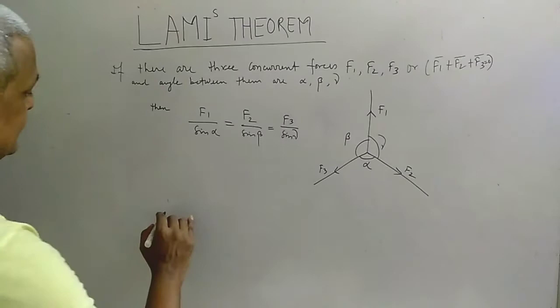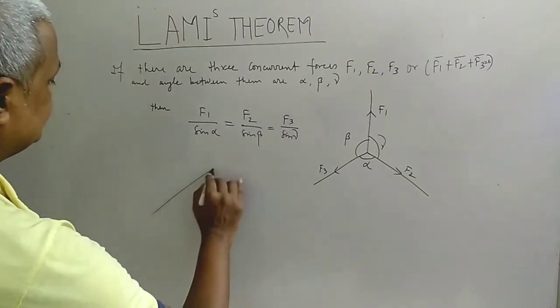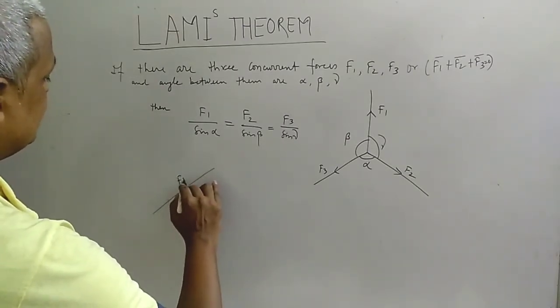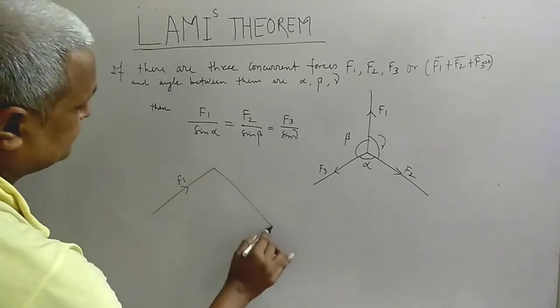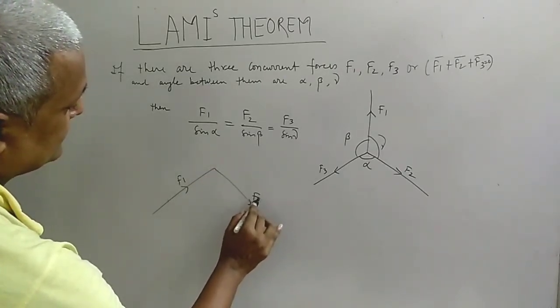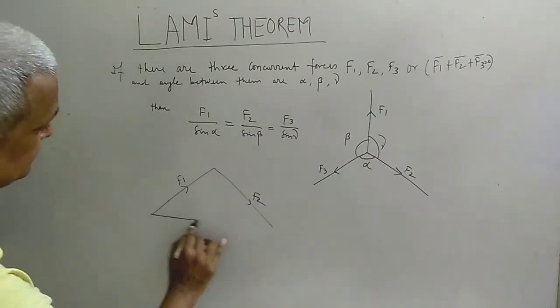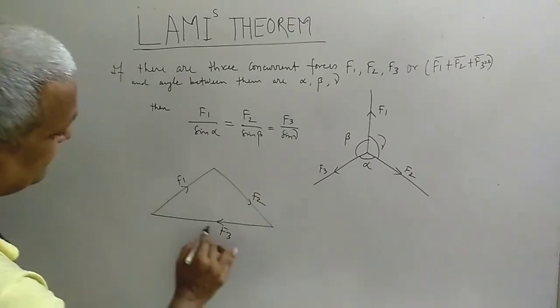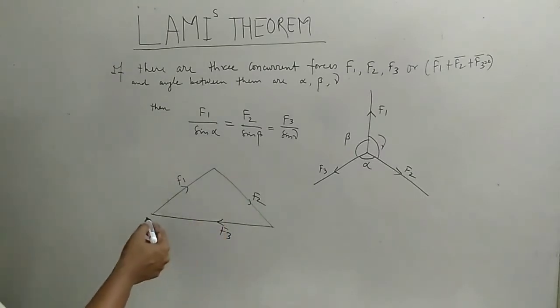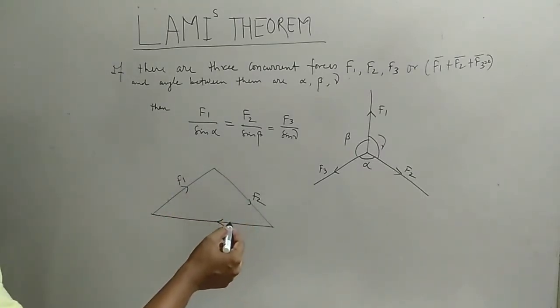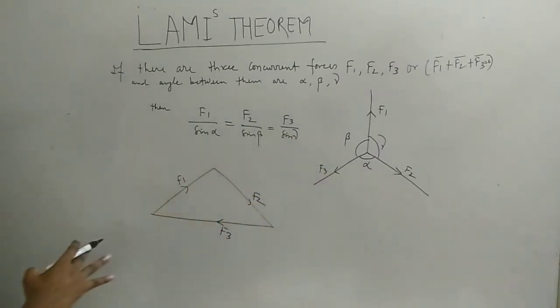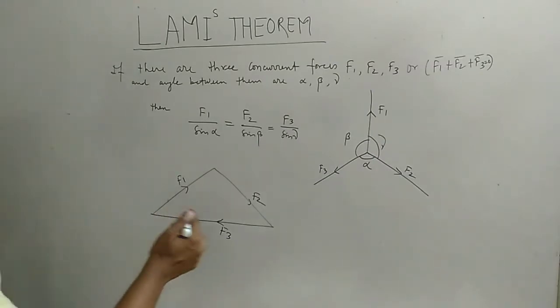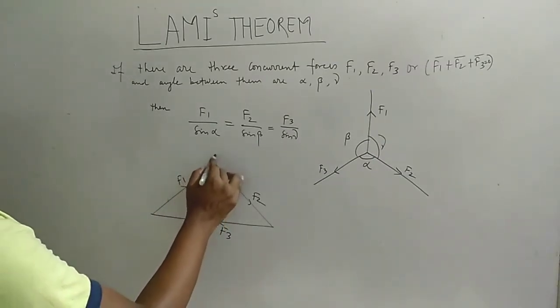Like if this is F1, this is F2 and this is F3, and they are forming the closed loop, then also this theorem holds true, because this is the condition.